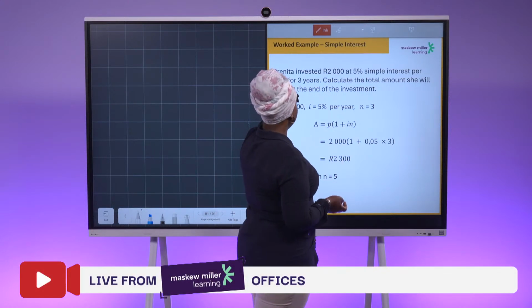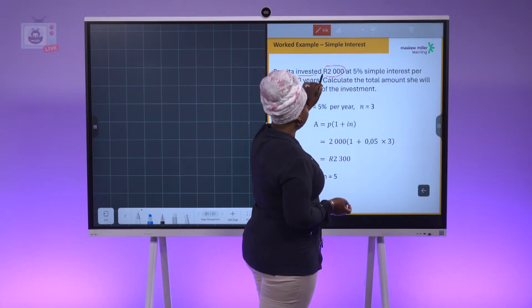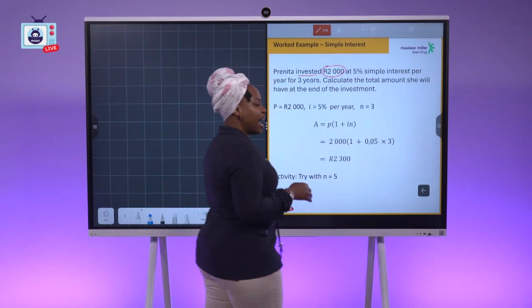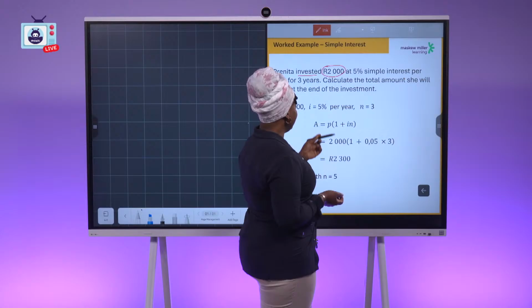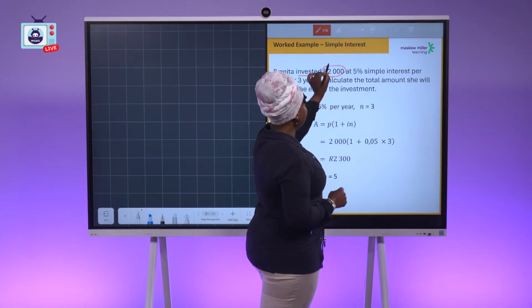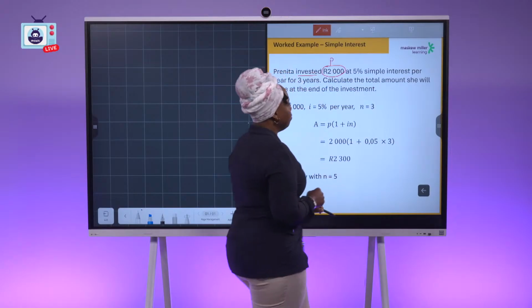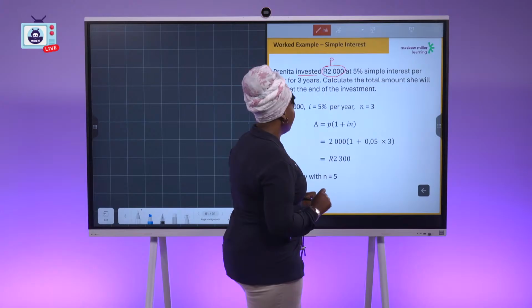So for the fact that this is an investment and the amount that is invested is 2,000, I did say to you guys previously that the value of P literally represents the money that we put in. In this case, it's an investment, so that means that our 2,000 will be the invested amount, right?